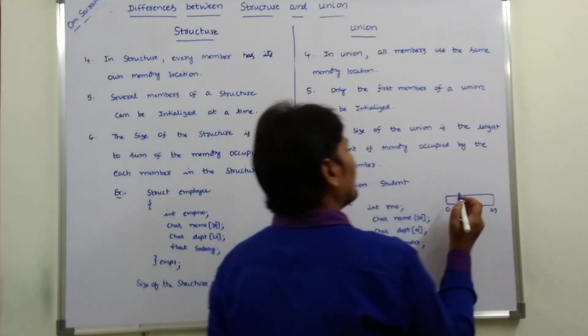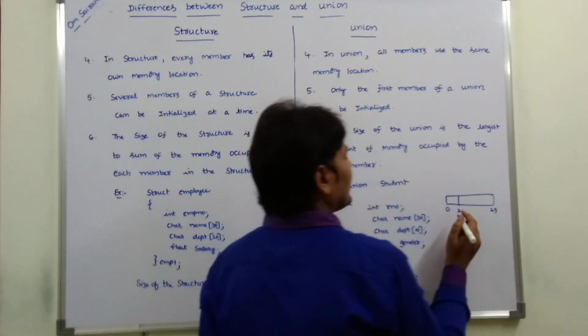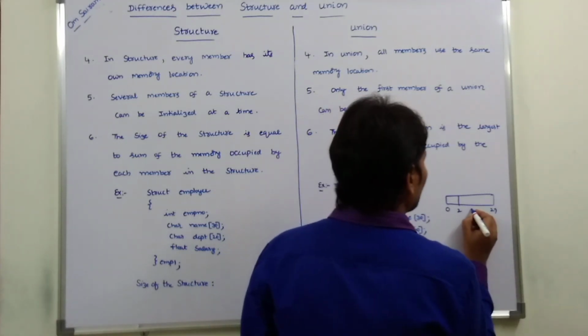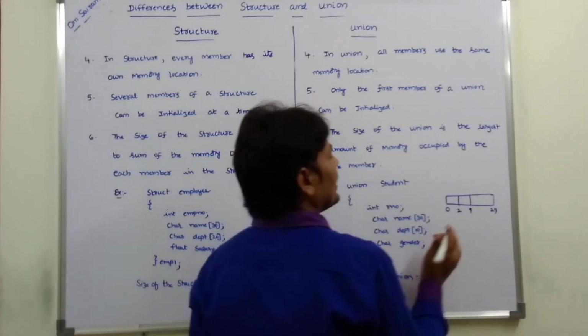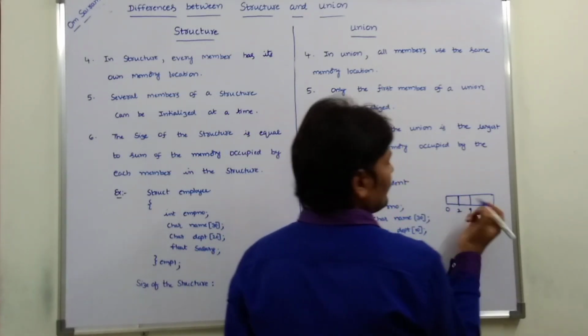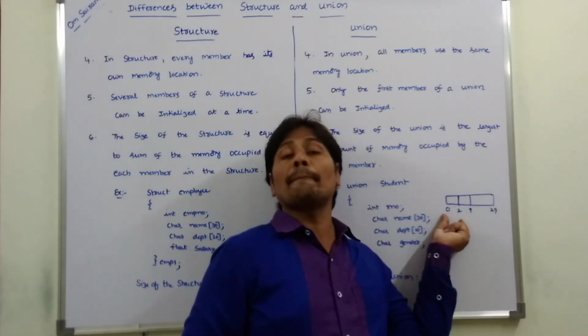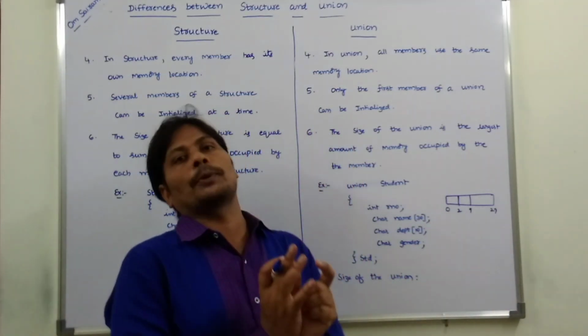First, int roll number, so that is 2 bytes. Char name of 30. Char department of 30, 0 to 9. Char gender. Within the 30 bytes of memory, all the members are stored.